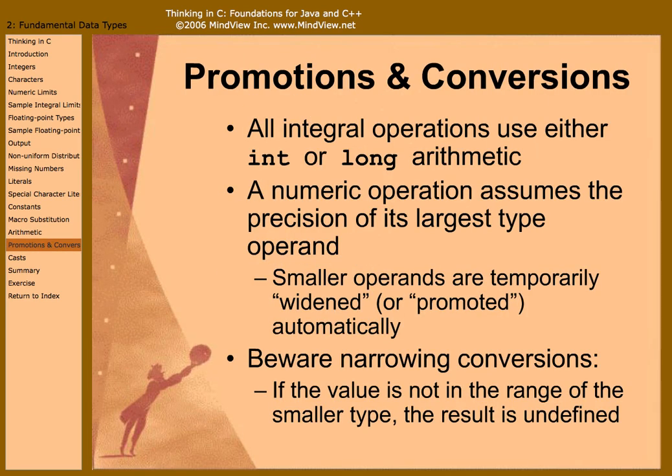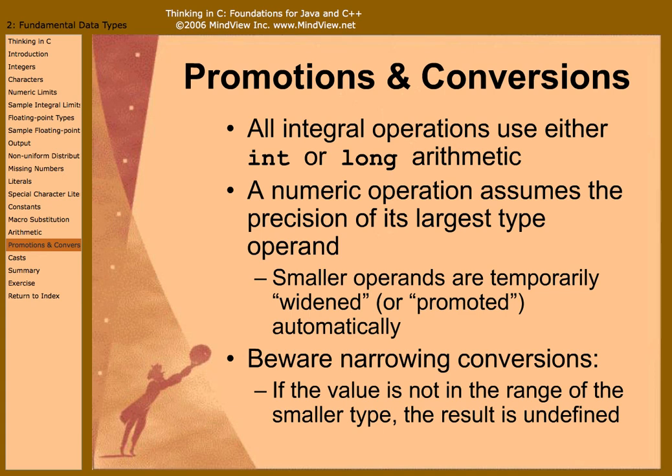We've already talked about the fact that there are different flavors of integers. As a matter of fact, if you think about it, there's 4 at least. There's character or char, short, int, and long. But there are not 4 different flavors of integer arithmetic. There's only 2. And as a matter of fact, depending on your platform, there might only be 1.